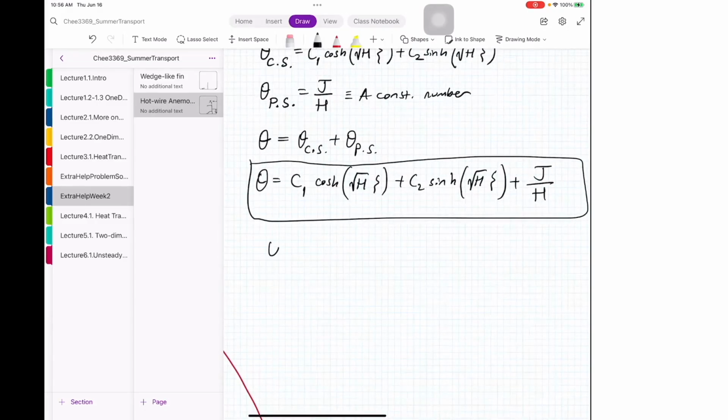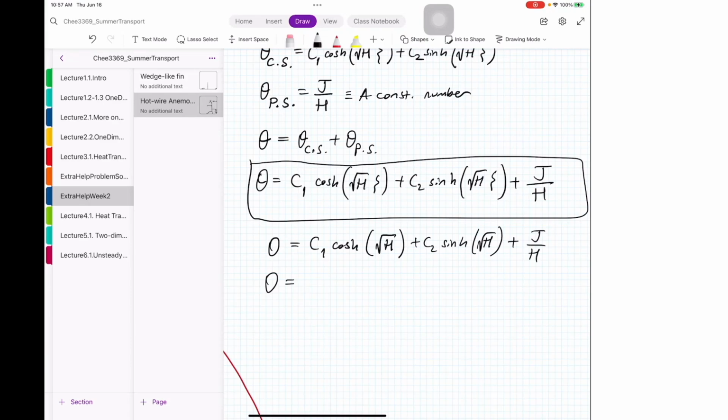You would say that theta will be 0 at psi is equal to plus and minus 1. So you would get 0 is equal to C1 cosine hyperbolic square root of h plus C2 sine hyperbolic square root of h plus j over h. And then 0 is equal to C1 cosine hyperbolic minus square root of h.